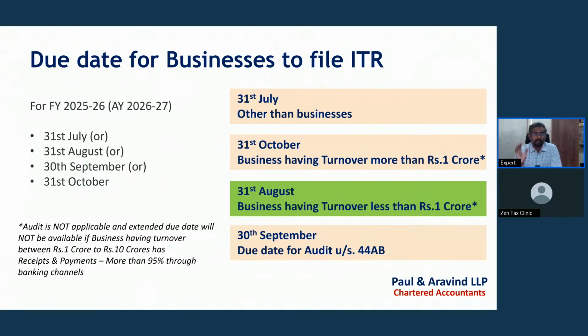But suppose you fall in the bracket of 1 crore to 10 crore, then you have one relaxation. That is, you are not liable to tax audit. Once you are not liable to tax audit, you cannot take the benefit of the extended time limit for filing the income tax return. You need to comply with the filing of income tax return by the 31st of August.